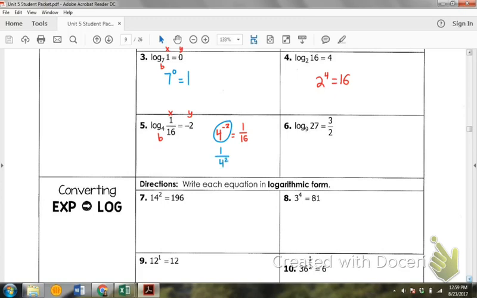We flip them. And what is 4 squared? 16. So this is becoming 1 over 16, which is exactly what I have here. Okay, so again, this would be our answer right up here. But you can check to say, okay, if I raise something to the negative power, I am getting a fraction. Try number 6.